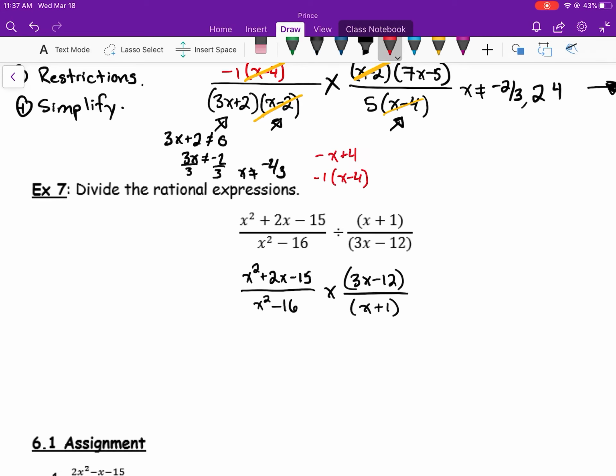Alright, so number 1, 2, 3, 4. Number 1, x squared plus 2x minus 15. So first times last gives me -15, 1 and 15, 3 and 5. Now I need to make +2, so I'll use a -3 and a +5.